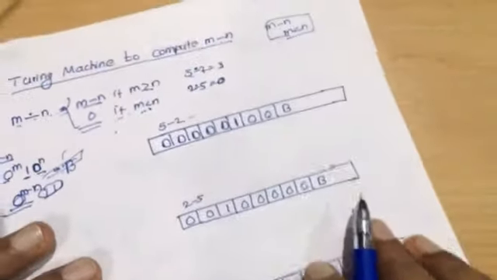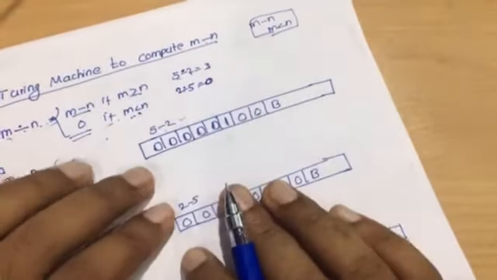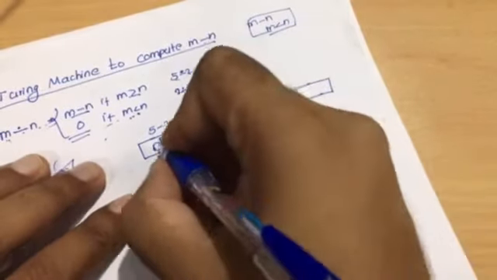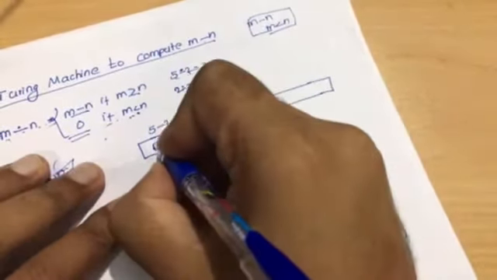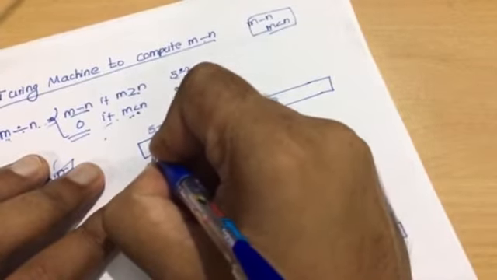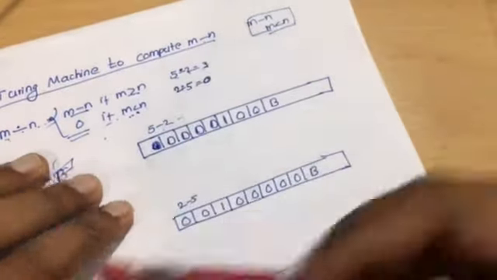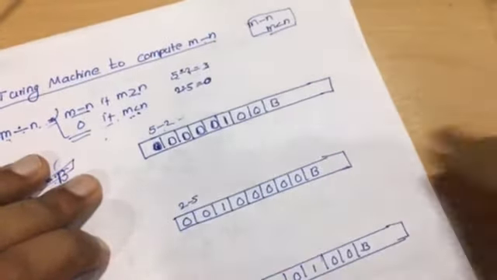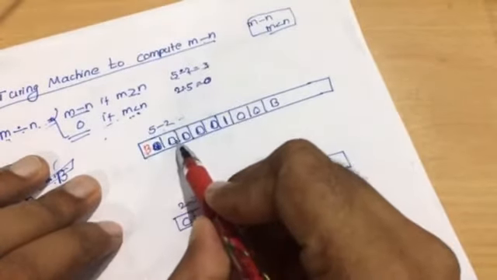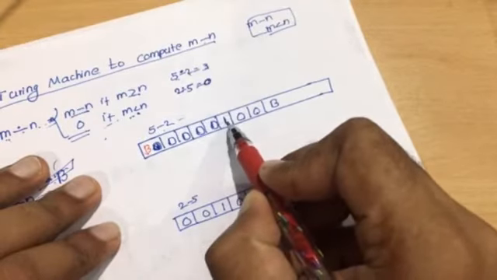Now the computation is performed like this. In the case of 5 minus 2, let us see what the logic of the Turing machine is. When you see a 0 in the initial stage, it will replace that 0 with a blank. Then it will keep on moving towards the right side until it sees a 1.